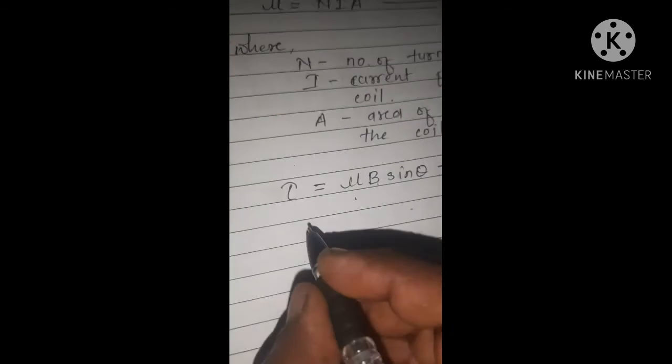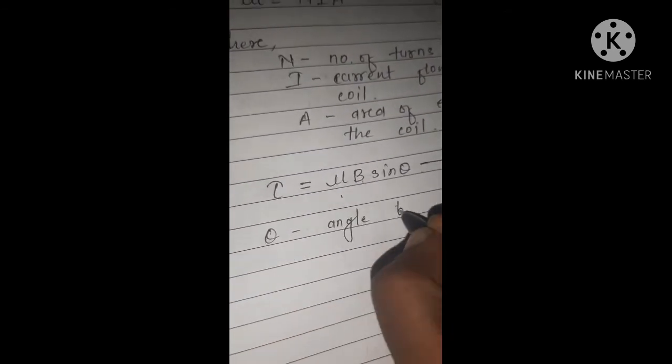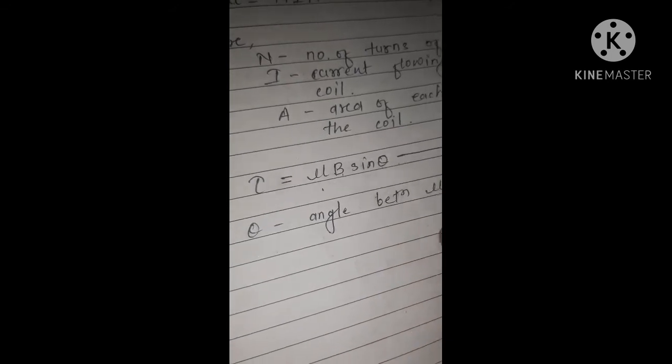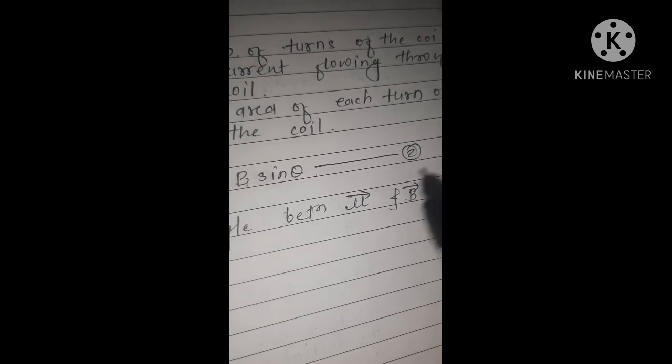theta be the angle between vector mu and vector B, the magnetic dipole moment and the uniform magnetic field.